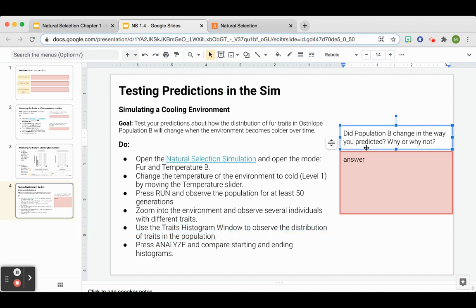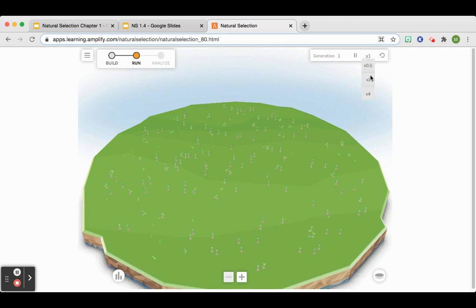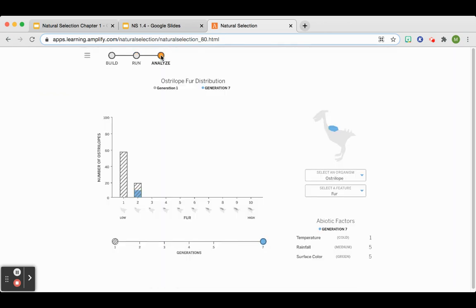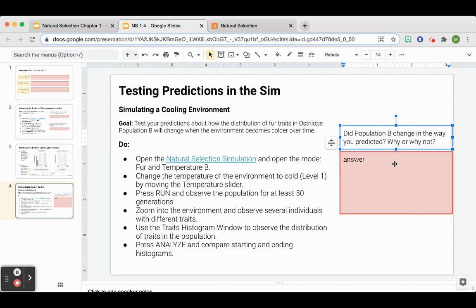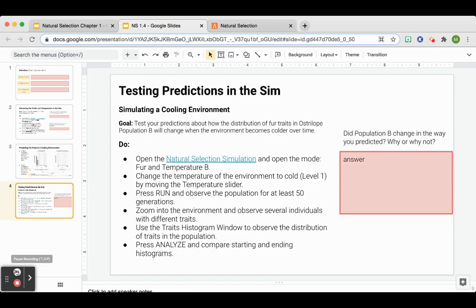And then you'll see if your prediction was correct or not. So move it down to 1, run. I'm going to speed it up, wait till it gets to 50. See what happens over time. Once it gets to 50, I'm going to analyze and see what happens to my graph. Then I'll come back, look at my prediction, and answer the question here. And then that's it.